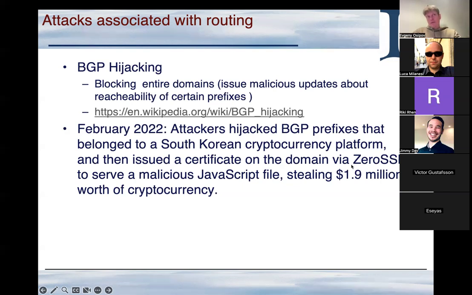These authorities are not responsible for the actual content, they just issue a valid certificate, which is verifiable, and that's what happened in this attack. But again, the technical details of attacks you can find on the internet.